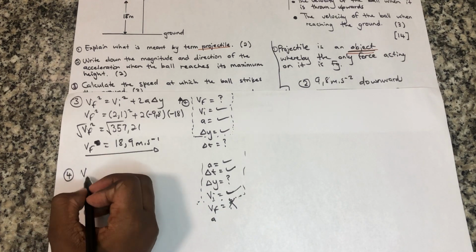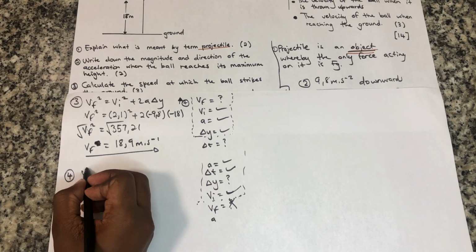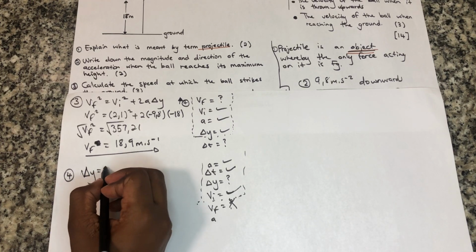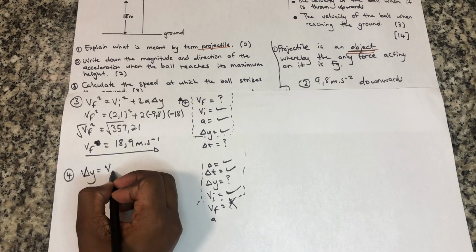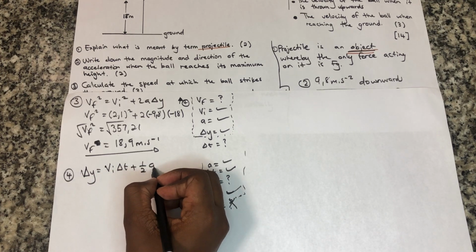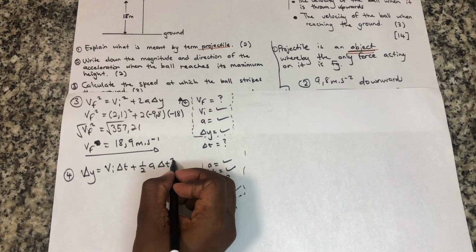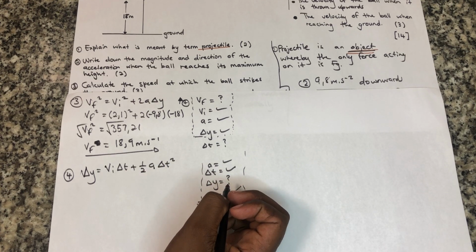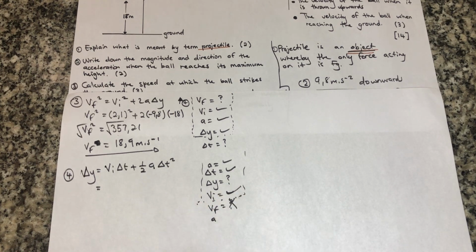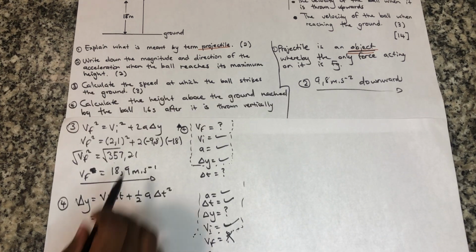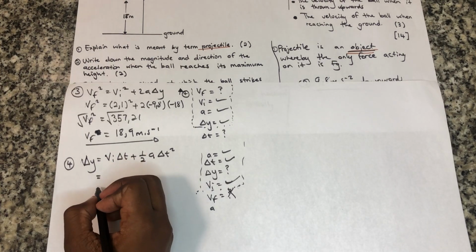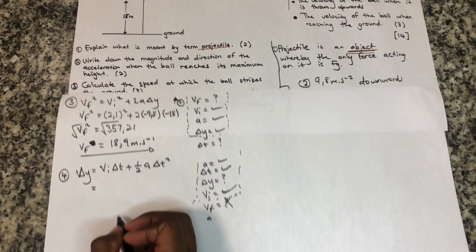So this one, which is change in Y, so change in Y is equal to VI change in time plus half acceleration change in time squared. Hope everyone understands that one. So we're actually looking for change in Y in that case, right? Yes, because we have to calculate the height above the ground reached by the ball after 1,6, it is thrown vertically upwards.